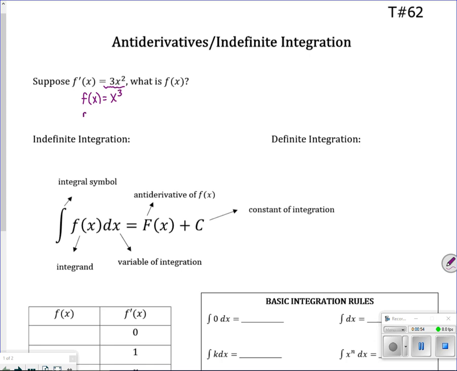Well, I could do x cubed, but I could slap a plus 5 on there. Or I could do x cubed minus 7. Well, I could do x cubed plus any constant. I could have any number there. And that's the point: you have this plus c, this constant, and c could be any constant, plus 5, minus 7, plus 1,000, minus pi, whatever the case may be.